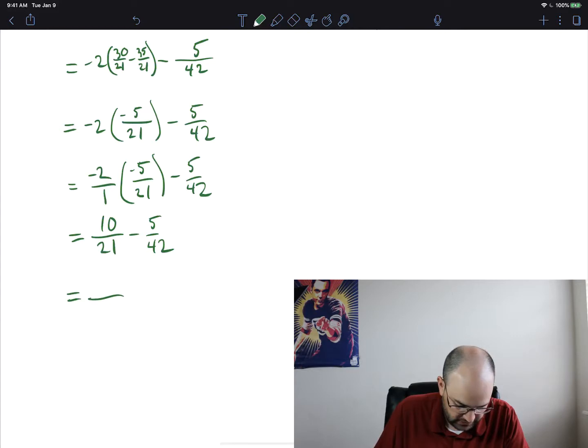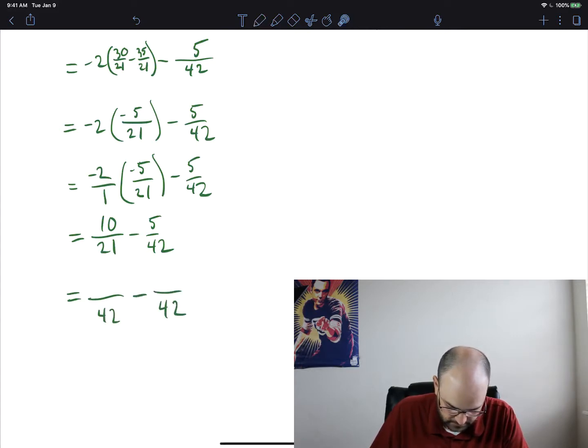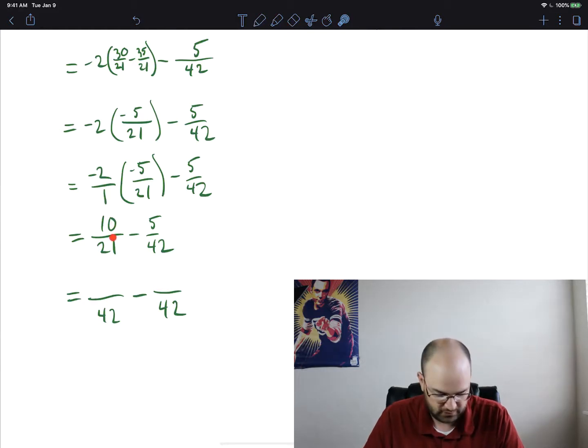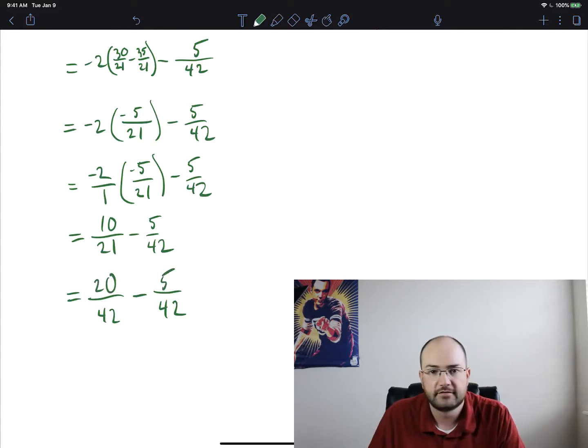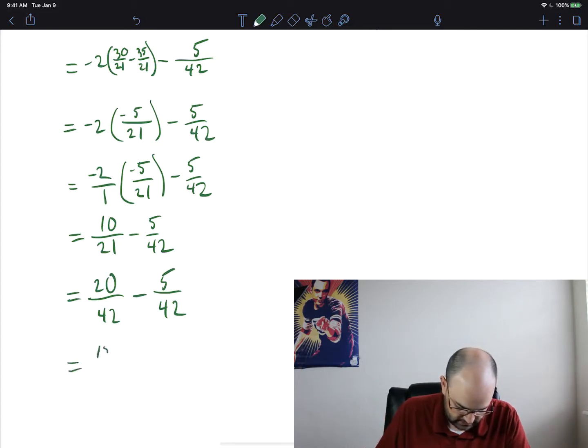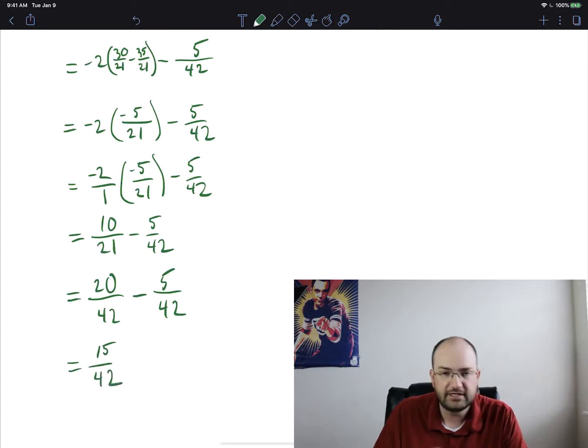So now I do need to change this into a denominator of 42. 21 times 2 gives us 42. 10 times 2 gives us 20. And we still have our minus 5 there. Good. 20 minus 5 is 15. So we're left with 15 over 42.